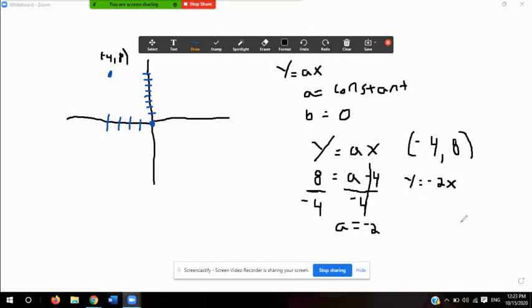If the constant is 2, that means that from this point right here, I can count 1 space down, so 7, 6, and 1 space to the right. And I know for a fact that this is more or less where my other point is going to be. And I also know, actually, right here.